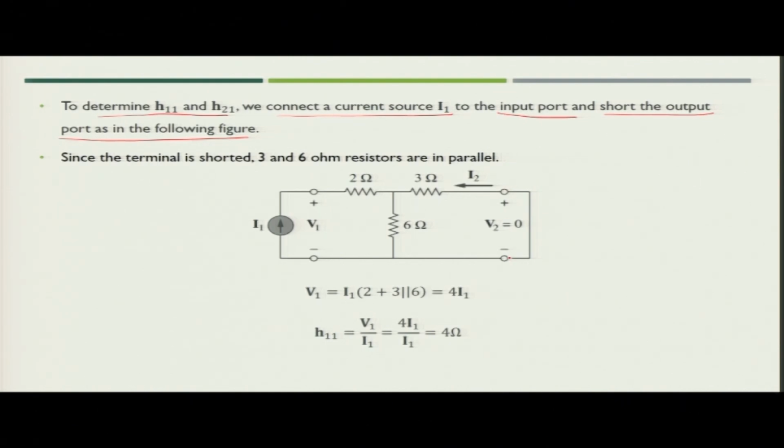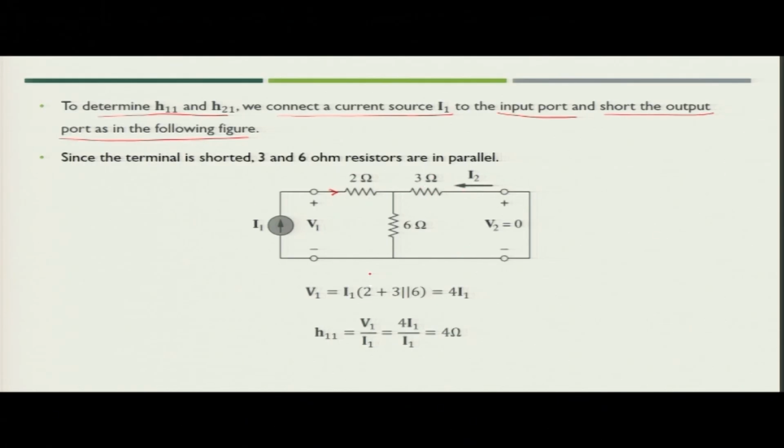Now, when you short circuit the output port, this 3 ohm and 6 ohm resistance will now be in parallel. So, what you can write, V1 is nothing but I1, that is the current flowing into the circuit, multiplied by the total resistance of the circuit. What will be the total resistance?